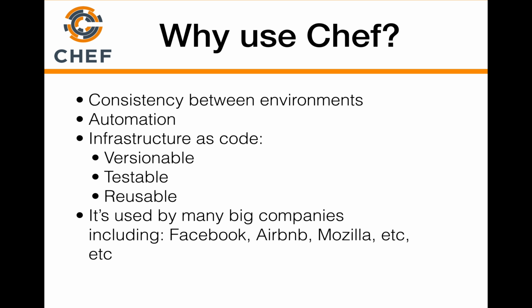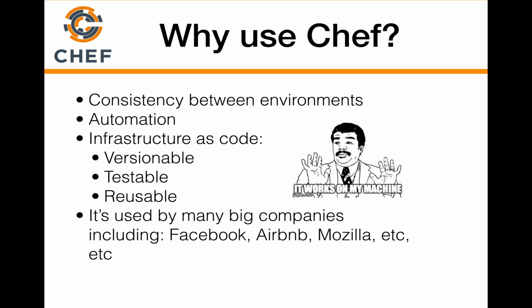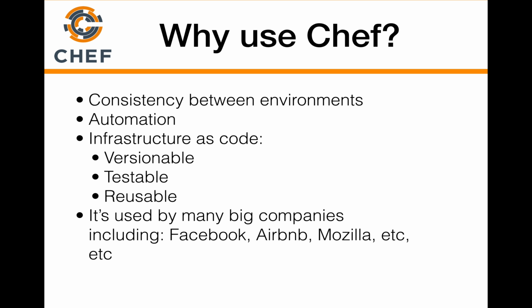Why Chef? Chef provides consistency between environments. If you use Chef, all your different servers in your infrastructure, including your local environment, will be consistent. So bugs will be easier to reproduce and less likely to get to production. Automation.